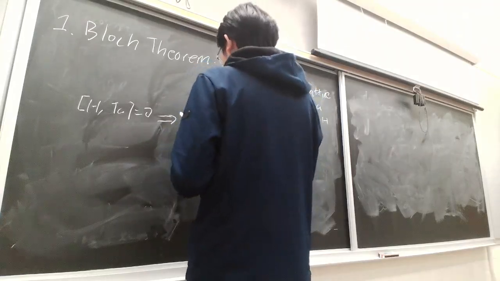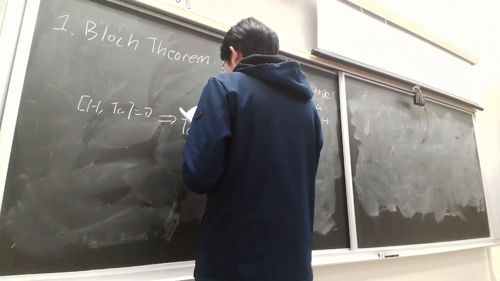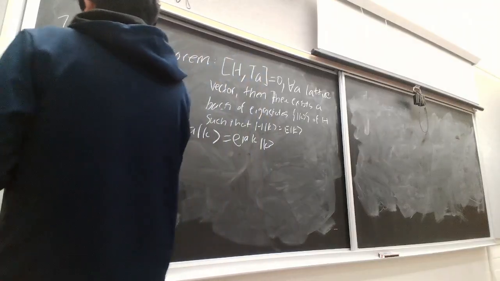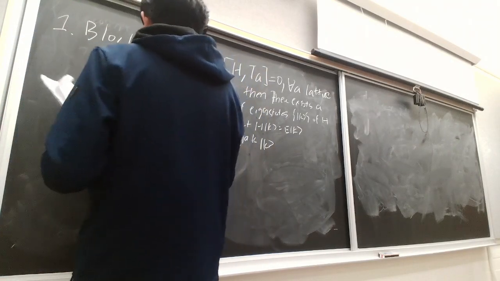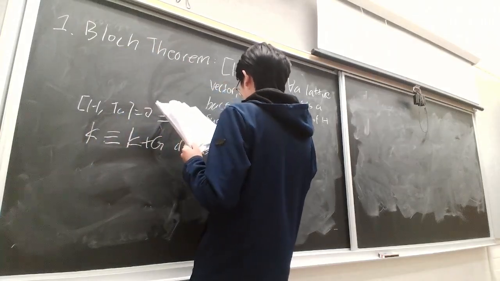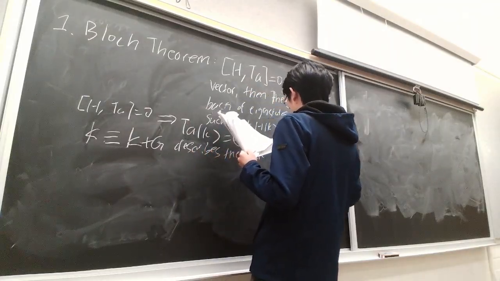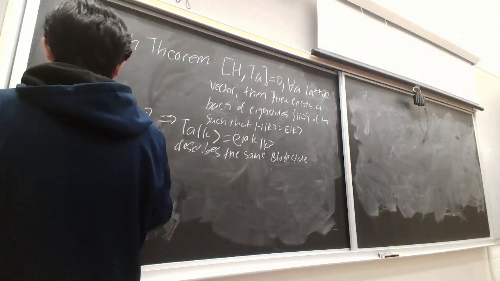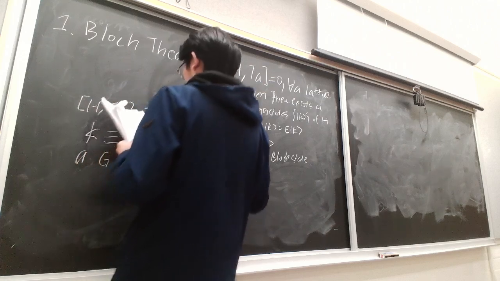And then because the lattice translation has a reciprocal lattice that is periodically repeated, k is equal to k plus G. This describes the same Bloch states, and it must satisfy this condition: A times G equals 2 pi n, where G is the reciprocal lattice vector.